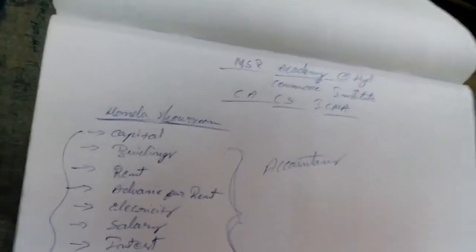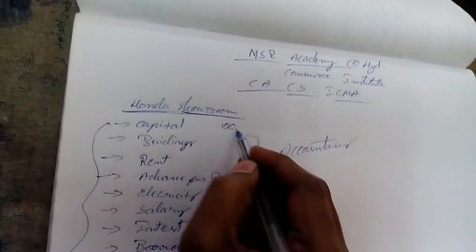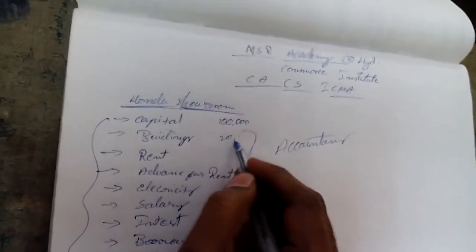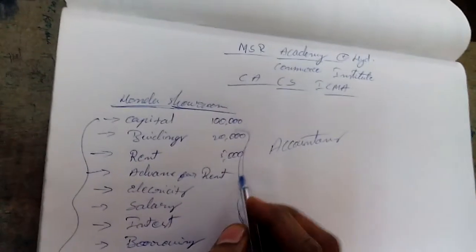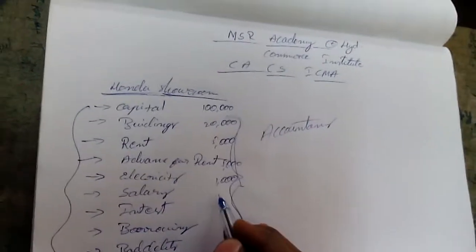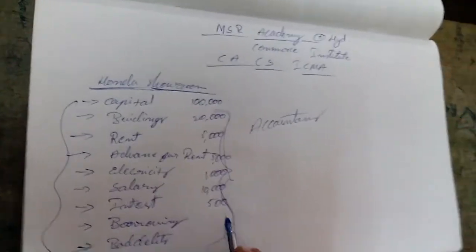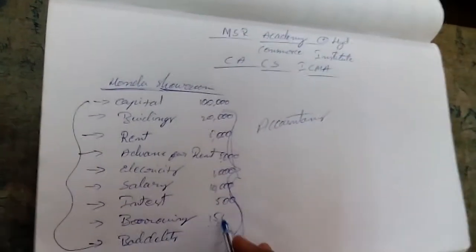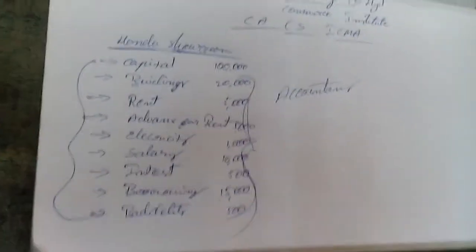For example: capital 1 lakh, buildings 20,000, rent 5,000, advance rent 5,000, electricity 1,000, salary 10,000, interest 500, borrowings, which is a liability, 15,000, bad debts 500. If we see only these amounts, we cannot understand or analyze anything.